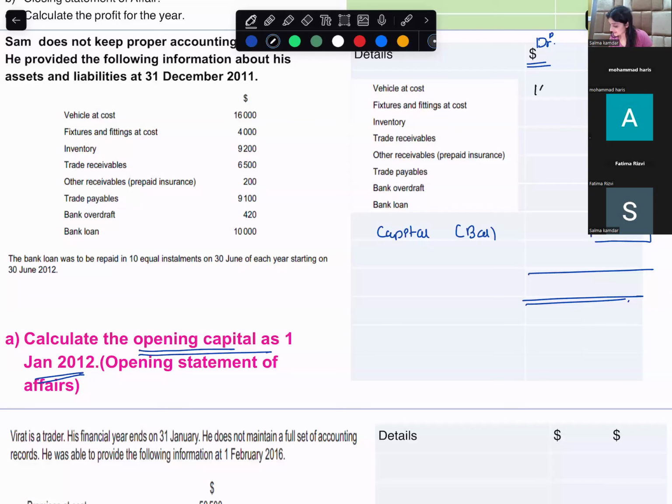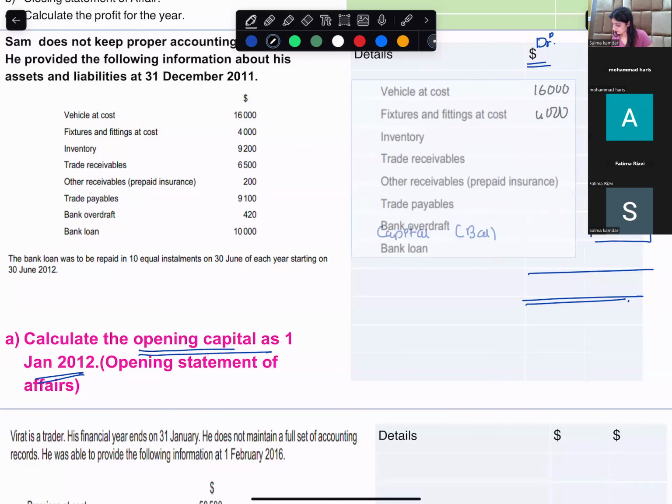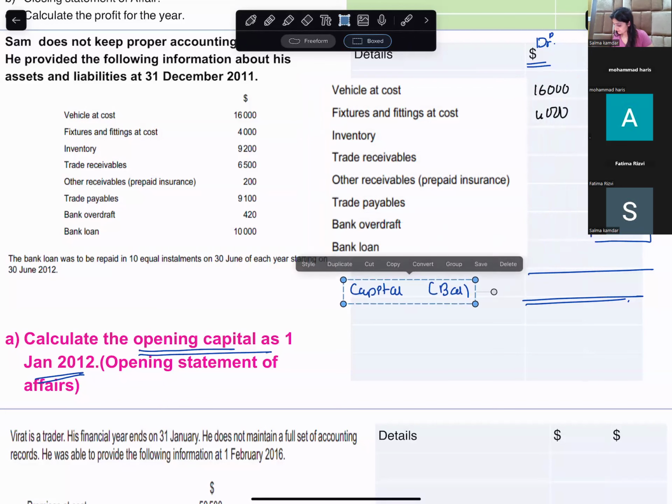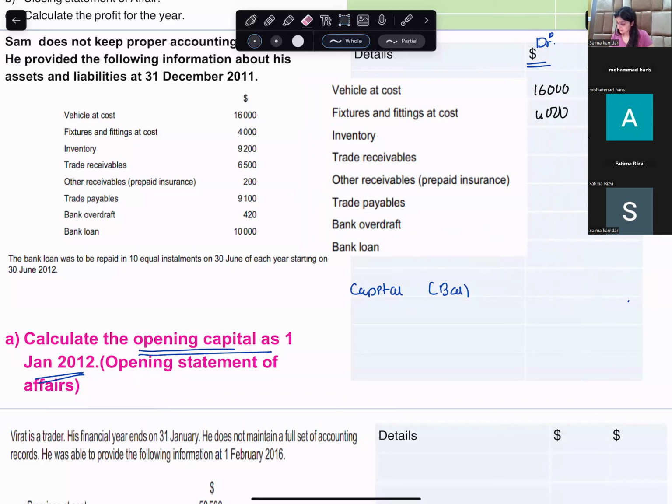Please switch on your videos. Vehicles is 16,000 debit, fixtures 4,000 debit. I hope you are with me. Yes, miss. Inventory 9,200 debit, 6,500 debit, other bills, prepaid insurance 200 debit, payables 9,100 credit, bank overdraft credit and bank loan credit. I will get capital as balancing figure.